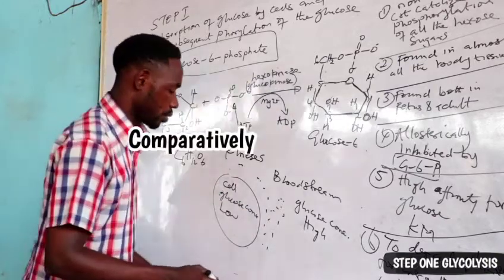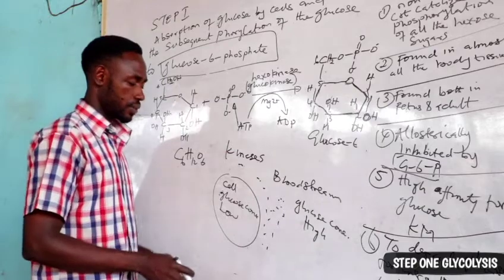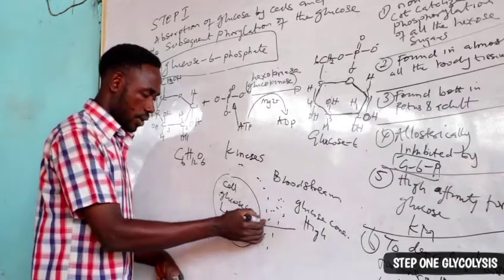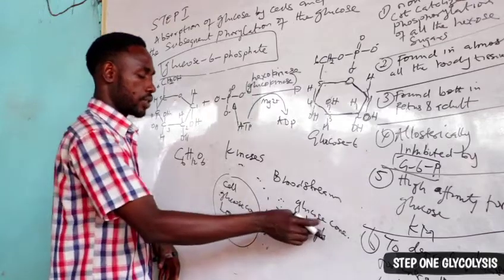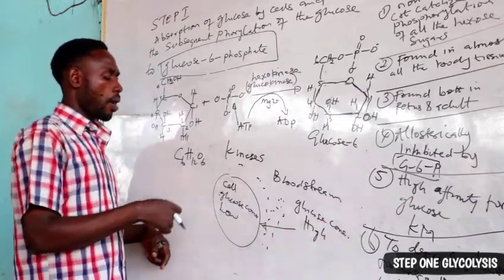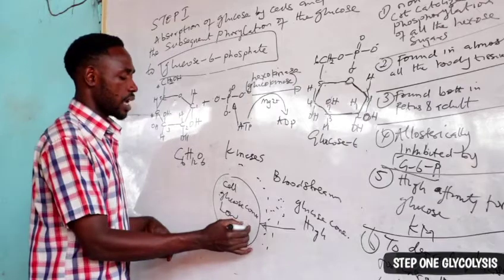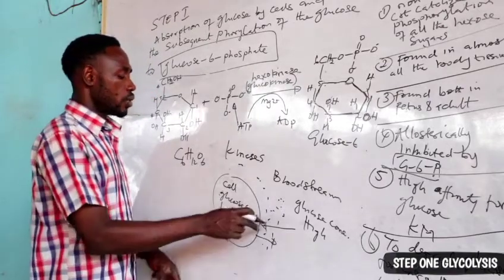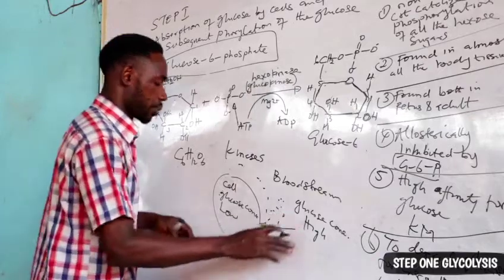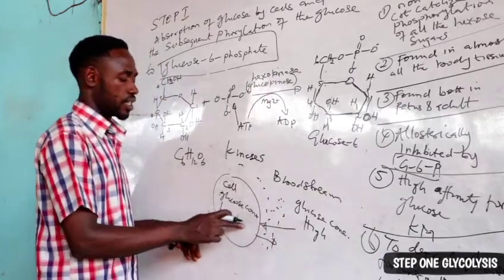And as we all know, in diffusion, of course, from higher concentration to lower concentration, there will be glucose moving in. But what matters is that when it moves in, it will still be actively exported out. So the summary is that glucose is not stable inside the cell when it's in glucose form.